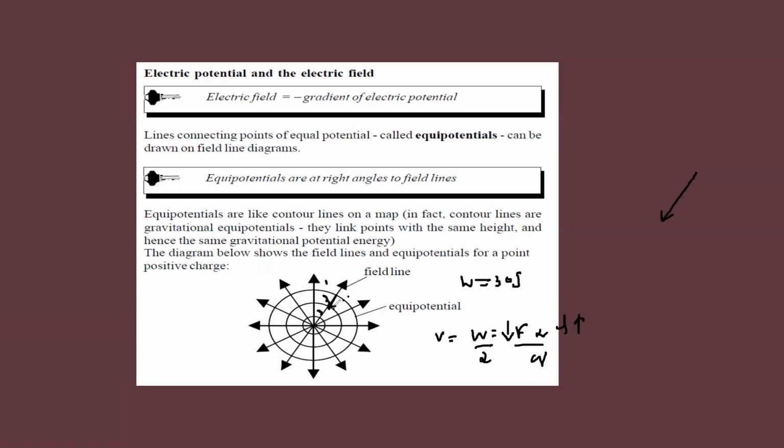But as the charge gets closer, the force increases, so for the same work done, I can move the charge only a smaller distance. That's why, as you move closer to the source of the electric field, the distance between the equipotential surfaces decreases.